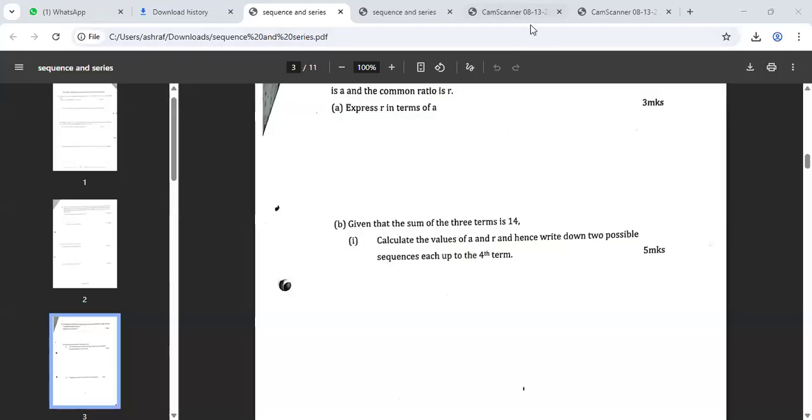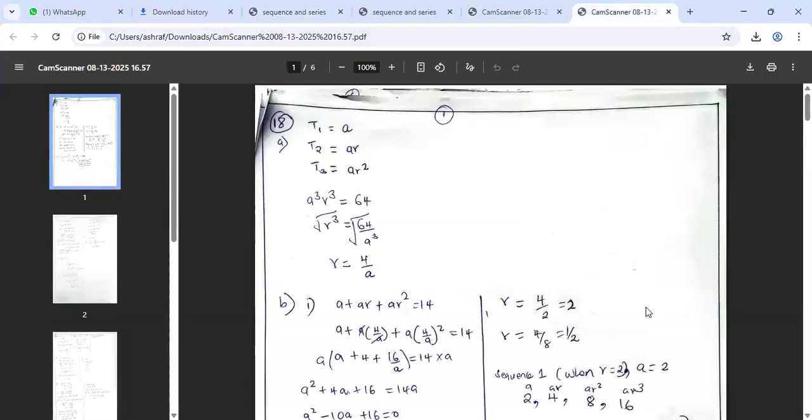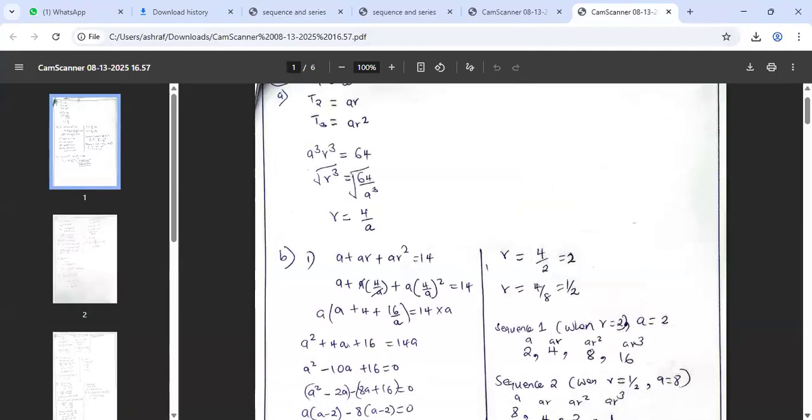So for those who didn't get it, this is how we work it out. Here you don't use the formula for summing, since we don't know whether R is more than 1 or less than 1. So you just add them directly. So you have added A plus AR plus AR squared, and then you equate to 14. Then in the first part of the question, we had made R the subject. So where there is R, you substitute 4 over A, and then simplify the equation.